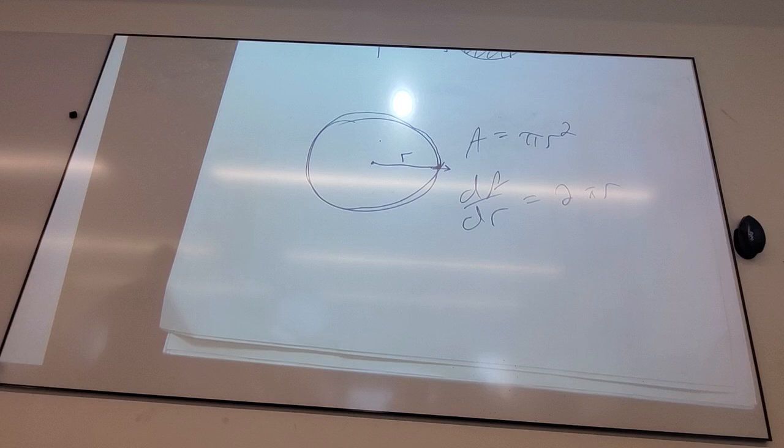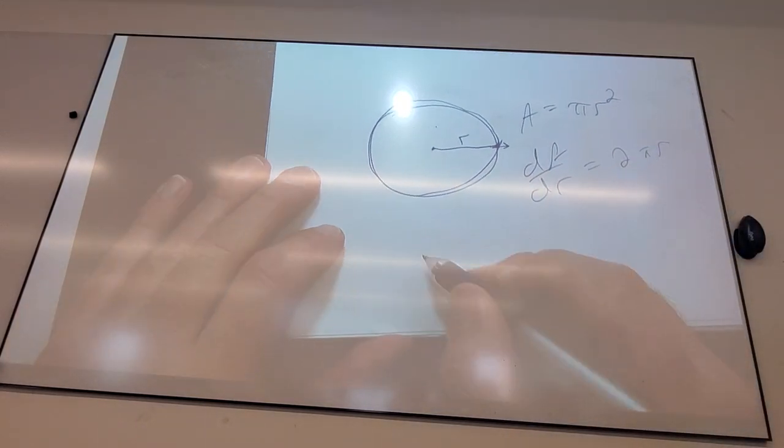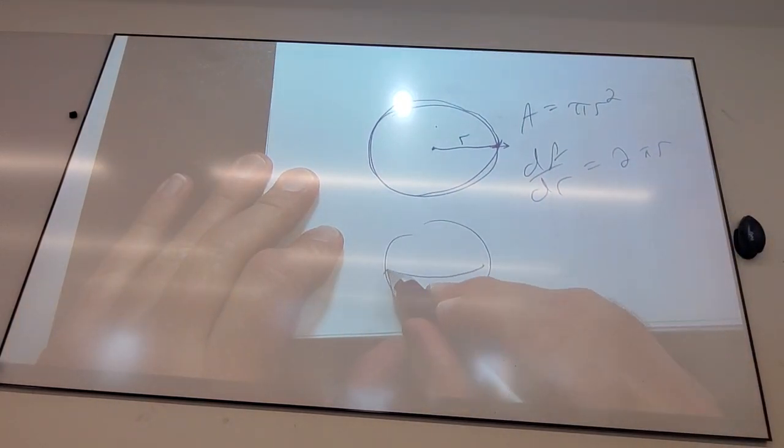No? What's the volume of a sphere? Does anyone remember? 4/3 pi r cubed. Write that down. What's the derivative of that with respect to r? So 4/3 pi r cubed.